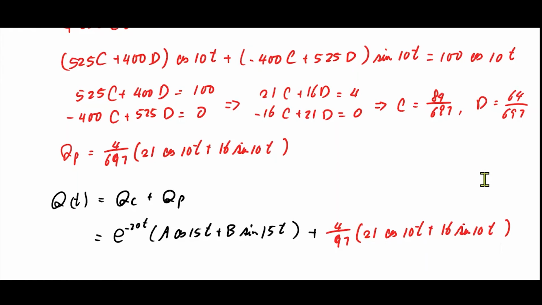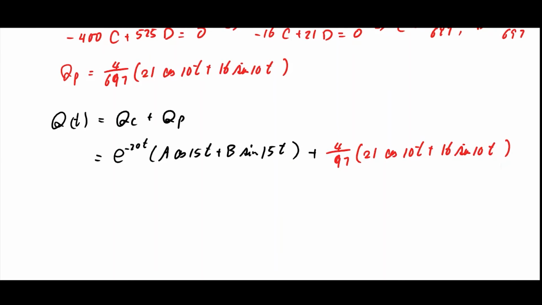Now, shall we apply initial conditions and solve this? So for the initial condition, if we choose Q(0), let's say the original charge was 0 in the capacitor. We just switch the circuit on with nothing in it.